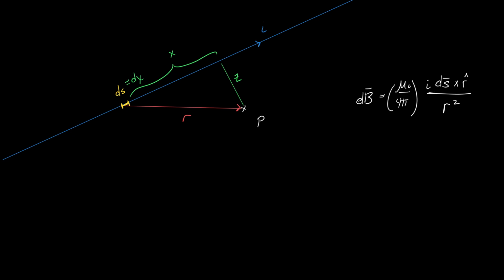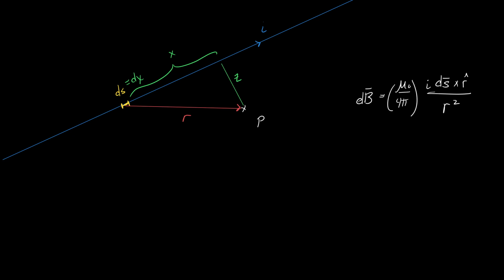You guys are aware that cross products have a magnitude, and the magnitude of a cross product introduces the sine function, where the sine is an angle between the first vector and the second vector. You guys follow that okay? We have ds, which is the direction of the wire, and r hat, the direction of r.